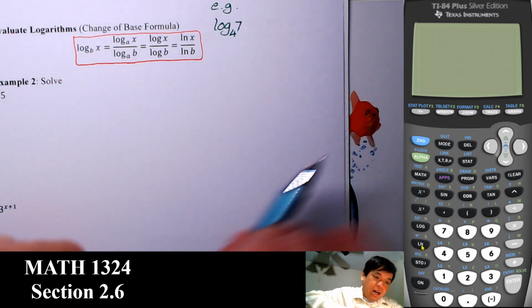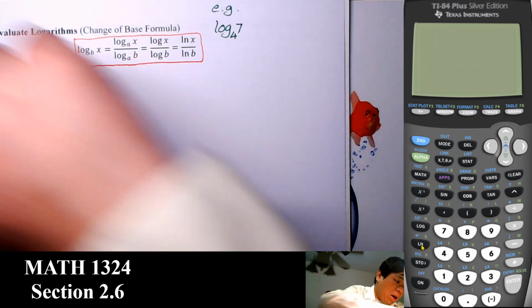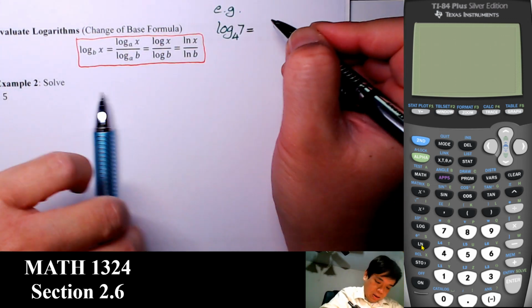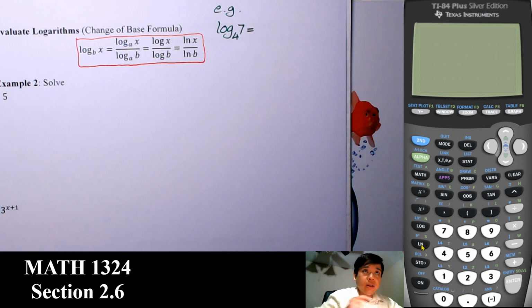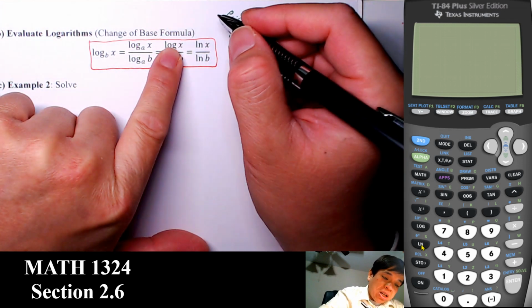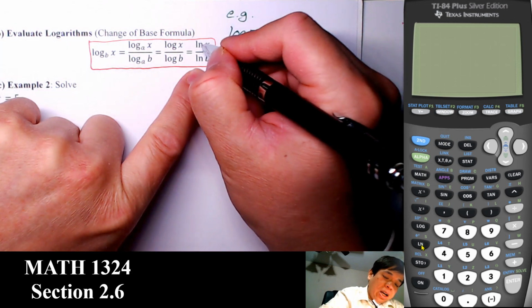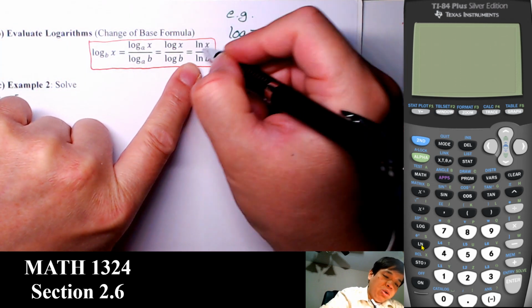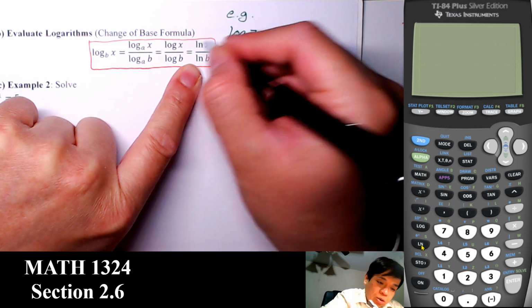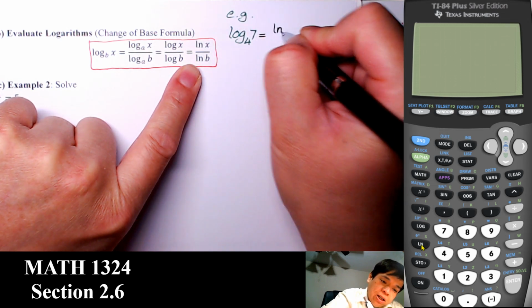Well, in that case, we can use this change of base formula. We can use any base. So if we use log base 10 or log base e, the natural log, I prefer to just use the ln. So we can write this as ln.